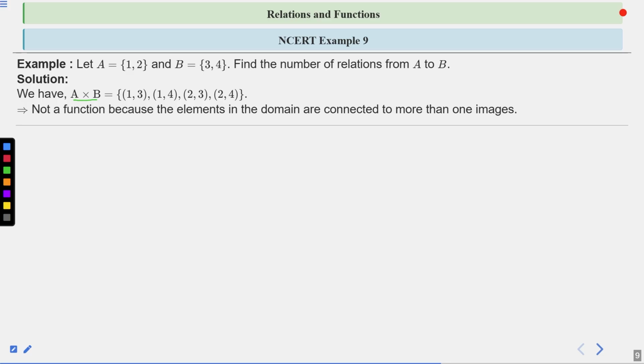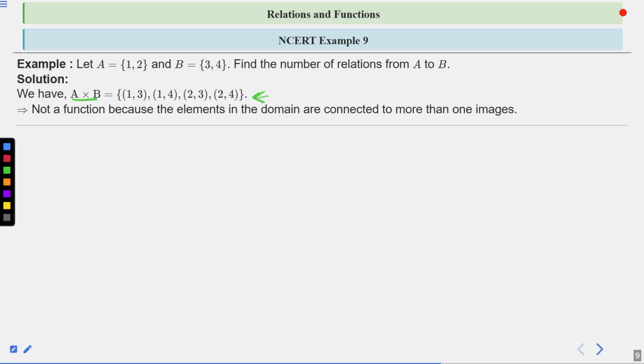And if someone asks, is this relation defined here, the complete set A cross B, a function, what will be your answer?